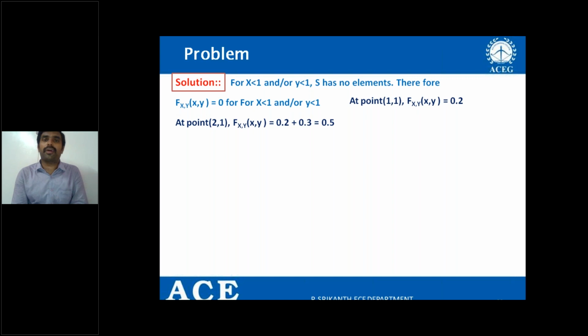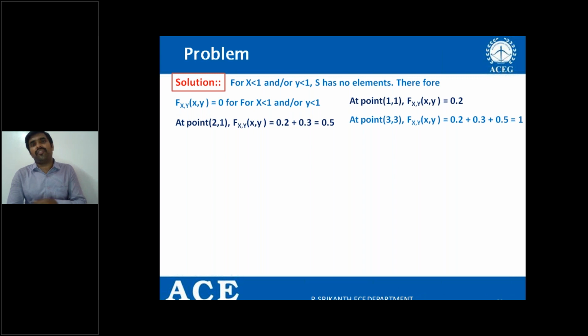Therefore, the total probability value can be considered as 0.2 plus 0.3, which is equal to 0.5. Understood? Same way as in the single random variable case. So therefore, at the point (2, 1), F_{X,Y}(x, y) is 0.2 plus 0.3, which is equal to 0.5. Similarly, can you find that at (3, 3)?